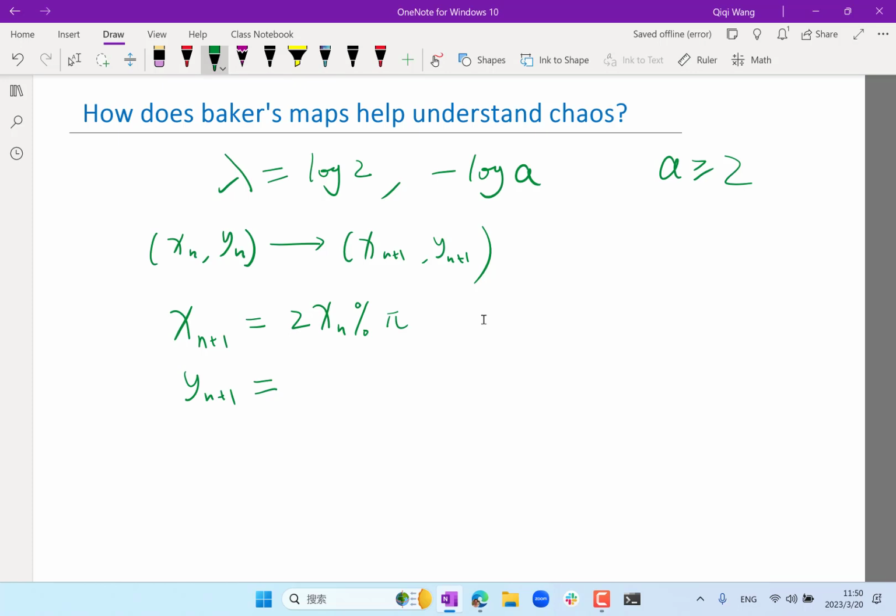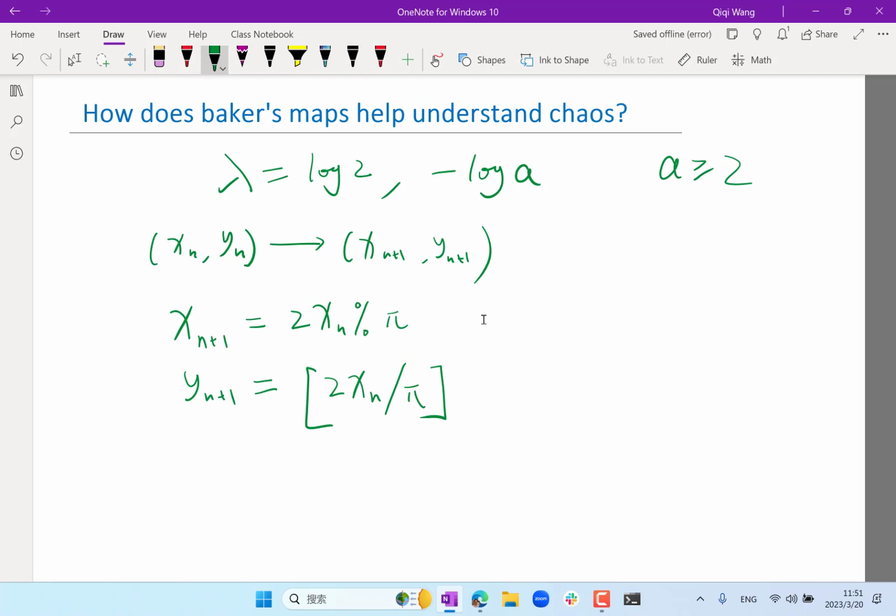You're forgetting the integer part of the result, right? So let me just use the bracket to represent the integer part.